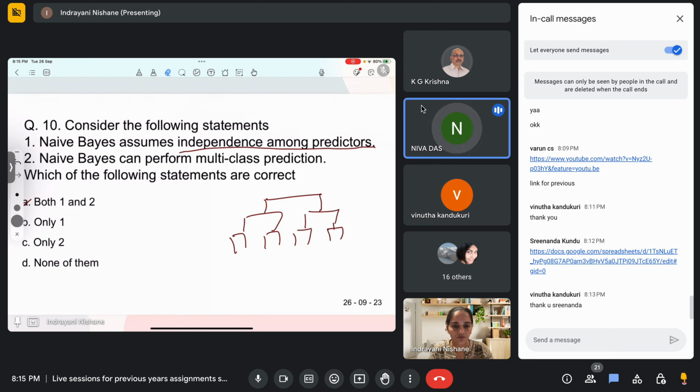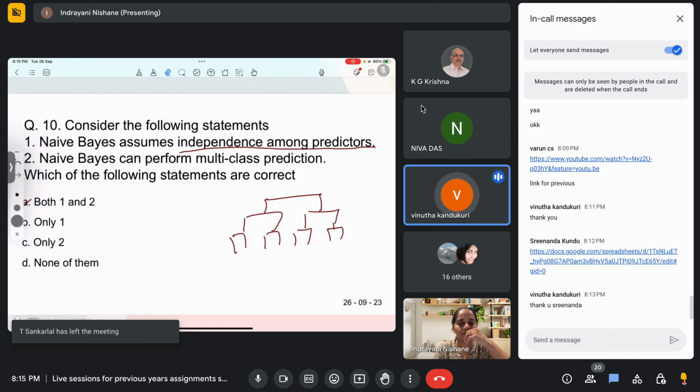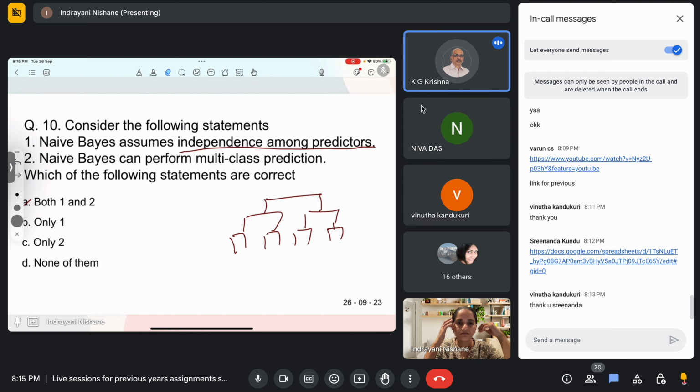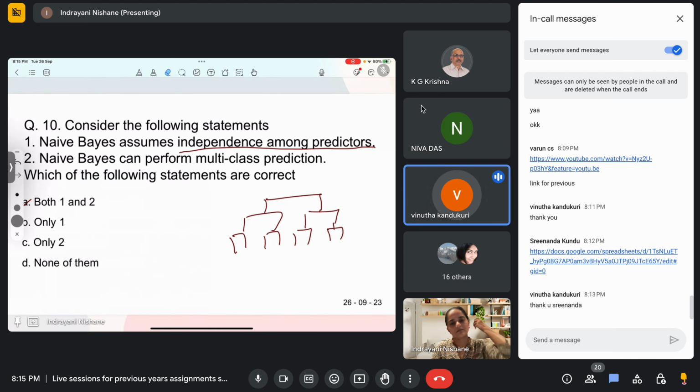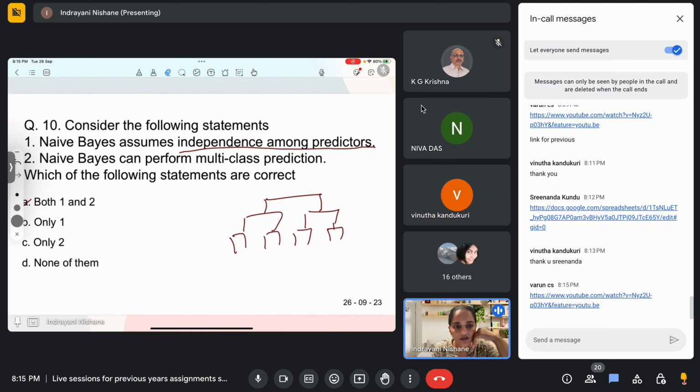Yeah, it will be visible. Okay, did you try opening this spreadsheet which Srinanda has shared, and still?